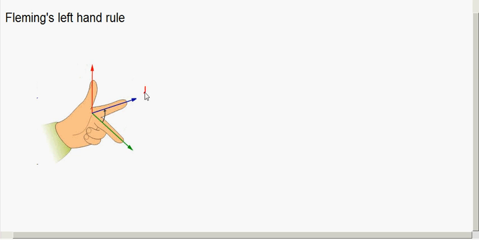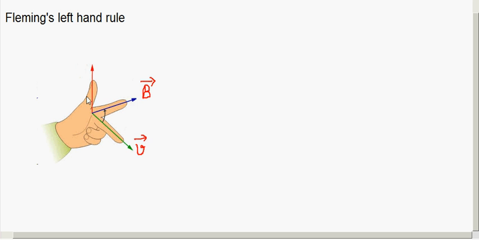The middle finger points in the direction of motion of the charge, the direction of velocity. In some cases you can find it as I, that is current, instead of v.